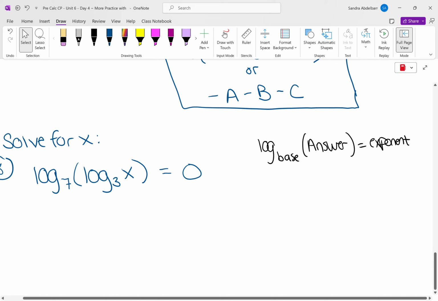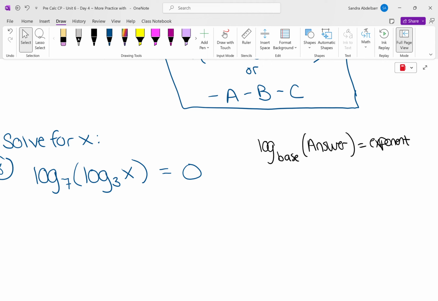Guys, remember the general format of a log, right? We have our log, base, answer equals exponent. Our argument is always our answer. So here, don't get confused that I've written multiple logs. I have a log, my base is 7. This is our argument. This is our answer.